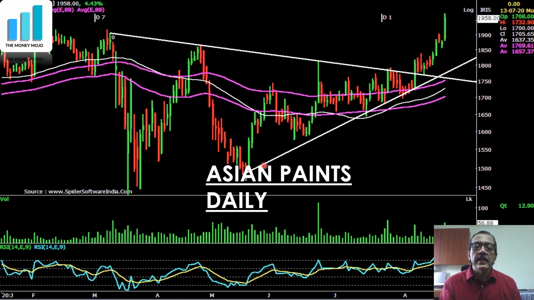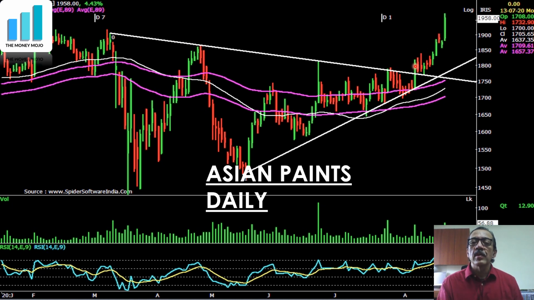But another thing that I see is that even though it has been finding resistance here, it has also been finding support on this upward sloping trend line. So now we see that Asian Paints continues to do this. At this point, you know that something has to give. Either it will break out or it will break down. And we are just waiting for what happens now. Either thing is a cause for a trade.